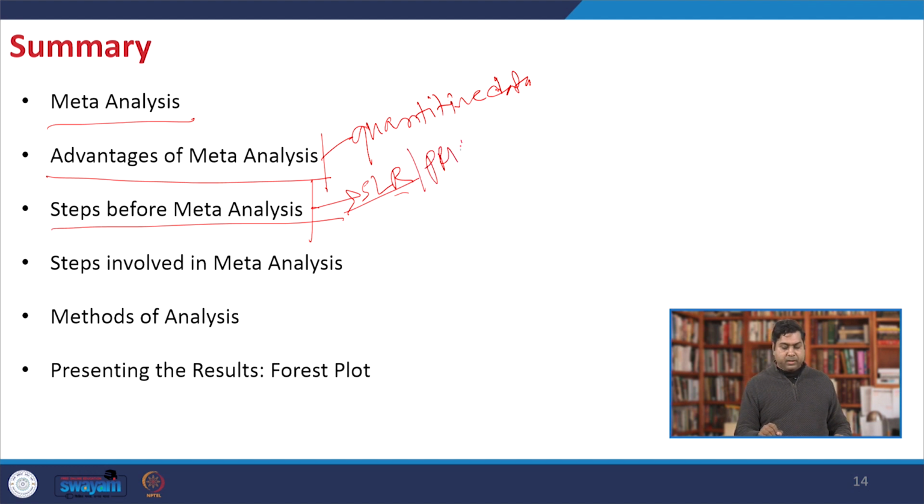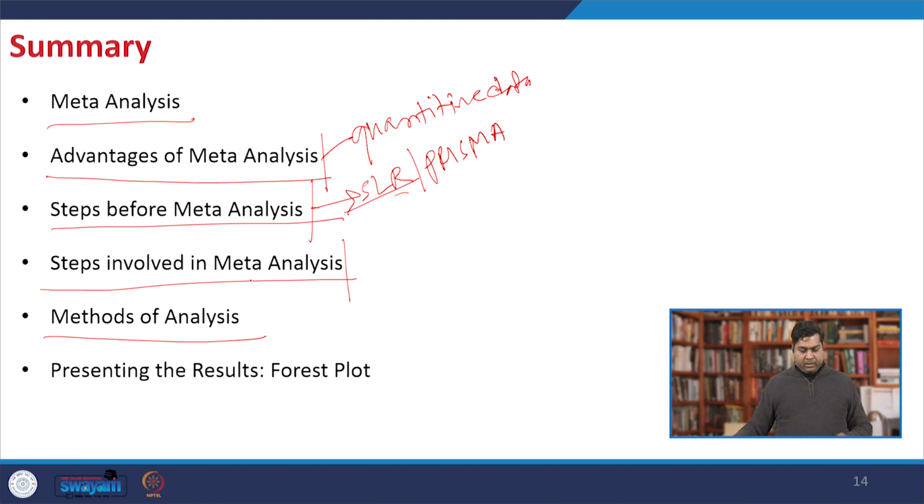Then the steps involved in this analysis one after another, starting from generating the generic statistics, then identifying the effect size, the treatment effect, etc. Then the methods as well, and finally presenting the results as a forest plot.